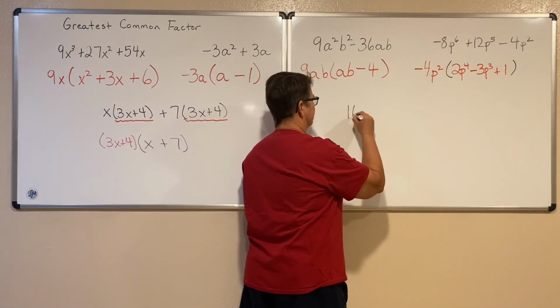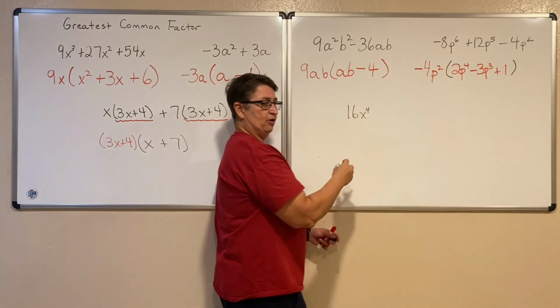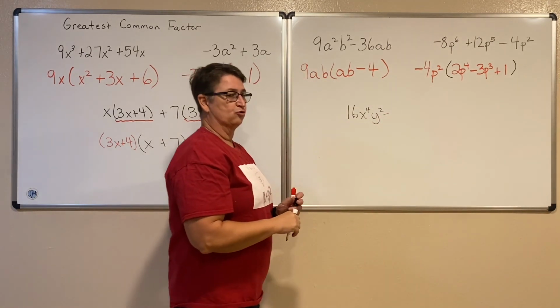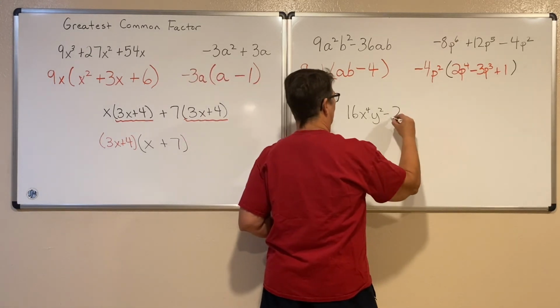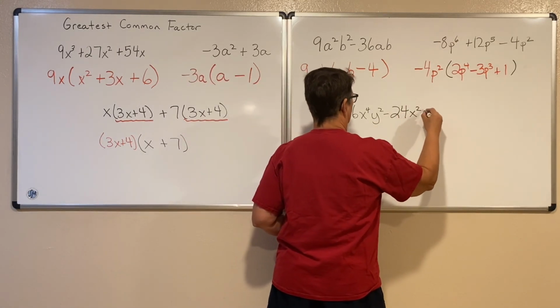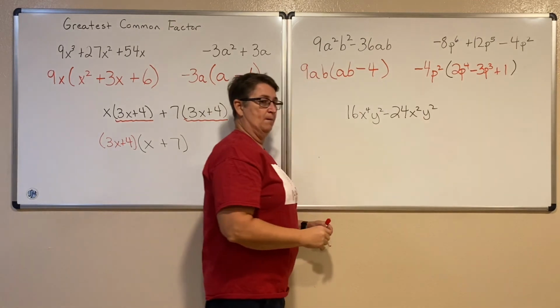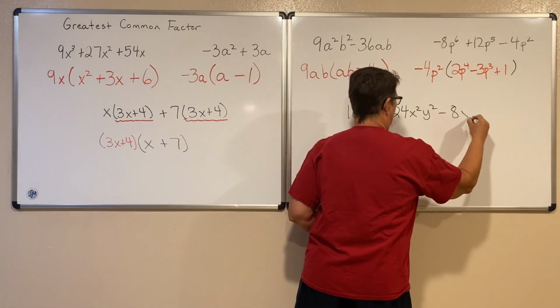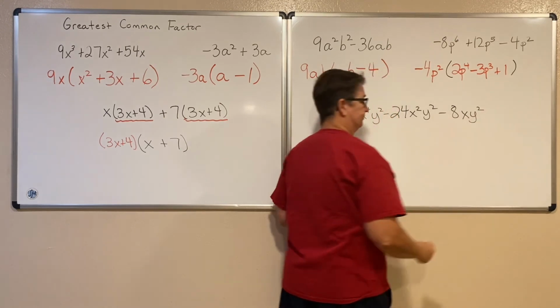Let's do 16x to the 4th y squared minus 24x squared y squared minus 8xy squared.